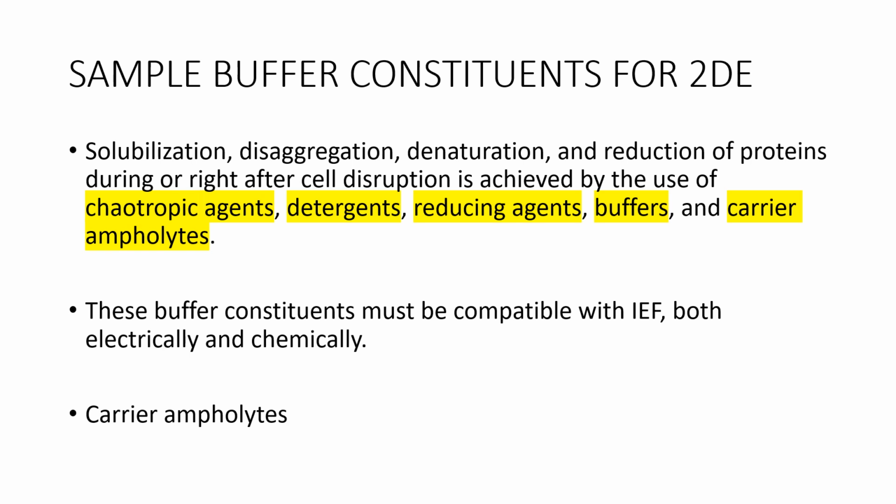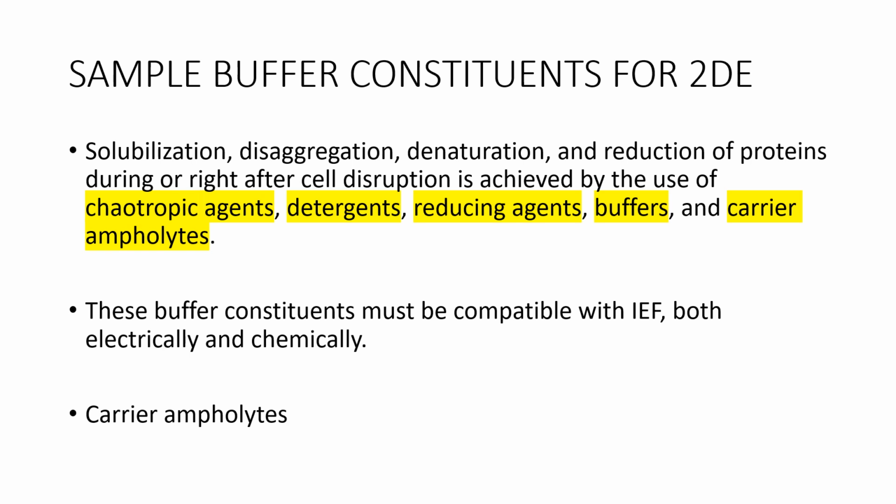For the chaotropic agent in the denaturing 2D urea gel, a neutral chaotropic agent such as urea can act as a denaturing agent in sample solution at concentration typically at 8 to 9 molar. It effectively disrupts non-covalent and ionic bonds between the amino acid residues.